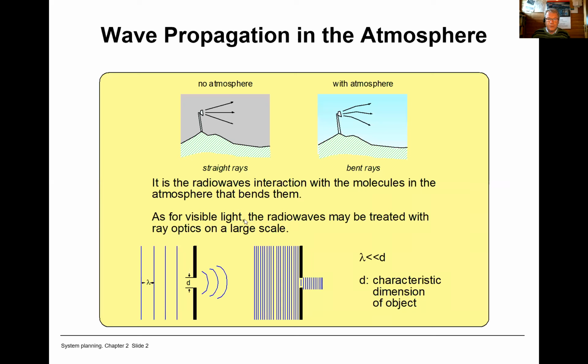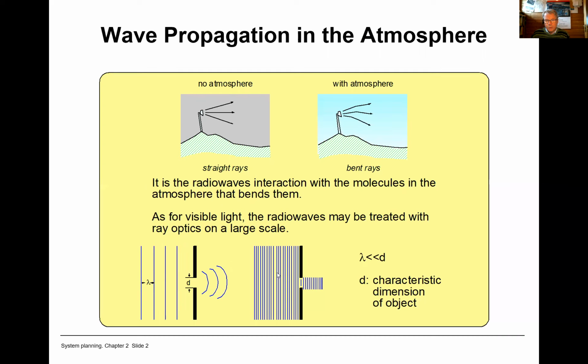As for visible light, also the radio waves can be treated as ray optics on a large scale. You see here, for instance, you have wavelengths which are comparable with this obstacle here, then you get waves on the other side. However, when the waves are very narrow or short compared to this obstacle, then you also have rays at this side.